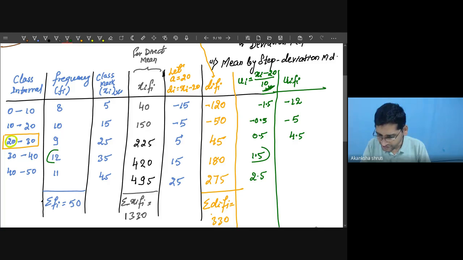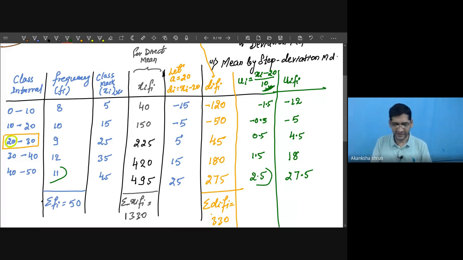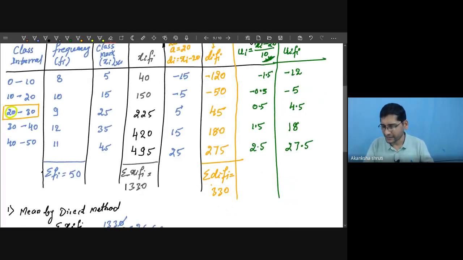Then it becomes 18. The next one, 2.5 has to be multiplied with this 11. It becomes 27.5. Okay, student. So this way ui fi we have calculated.